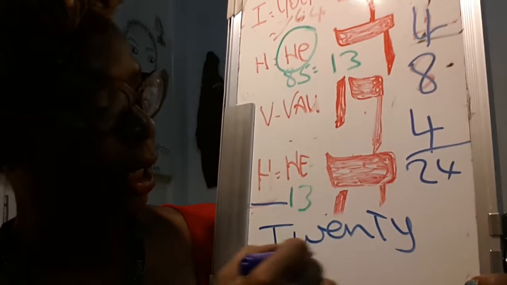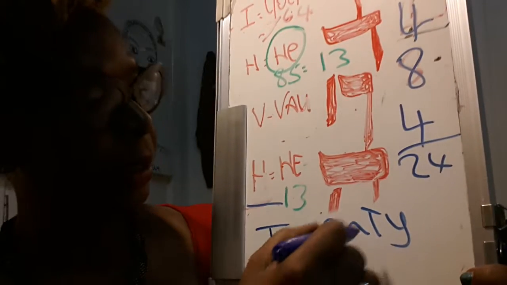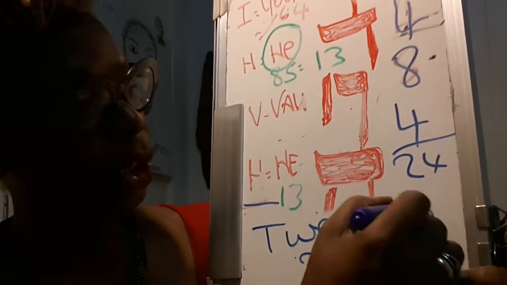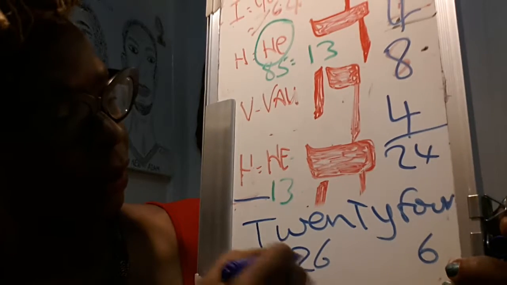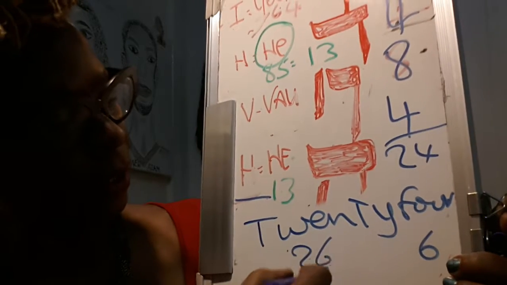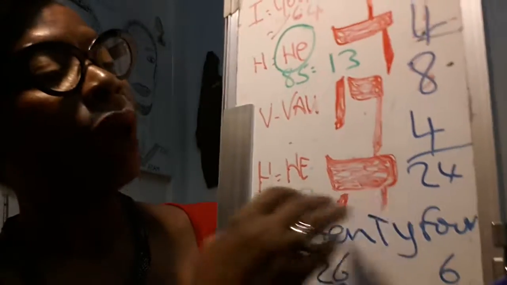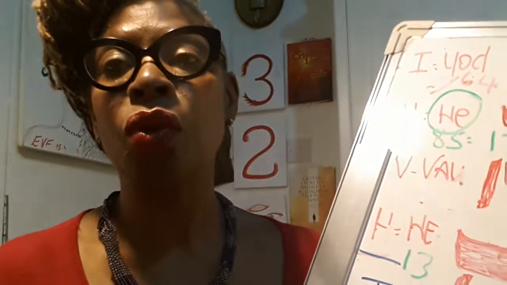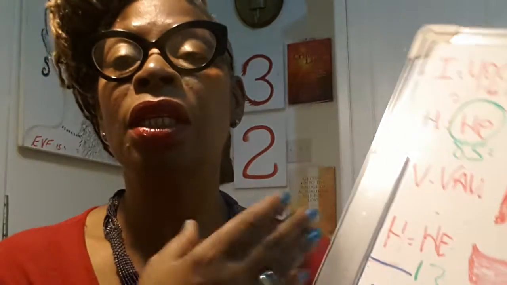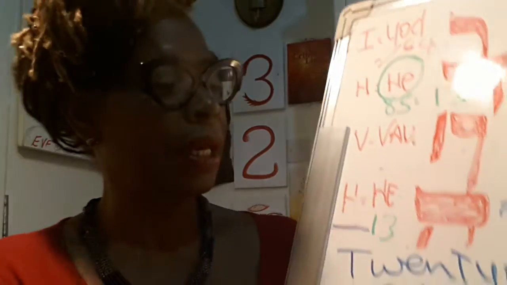The word 20 is 26, and 4 is actually 6. So if we add this together, we would have 32. So we can see how Mother Eve as 32, 3 plus 2, is also very reflective in the God form, because Mother Eve is central in everything.